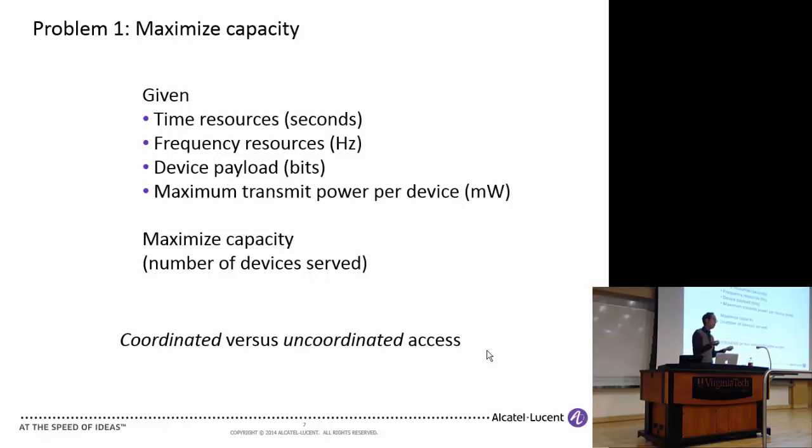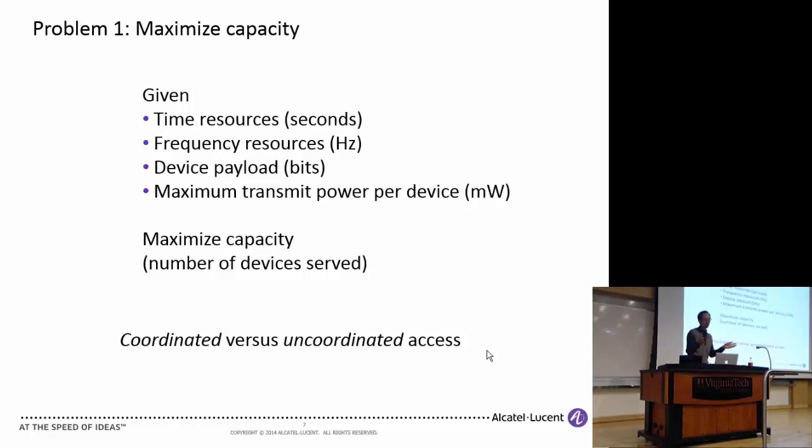which is reasonable for a lot of, say, metering applications where you don't have to have millisecond level latency. You can wait a second to get the power reading of your meter, or even wait 1 second to get the location of your pet. So it's not that time critical, though there are some applications like controlling drones that are time critical.